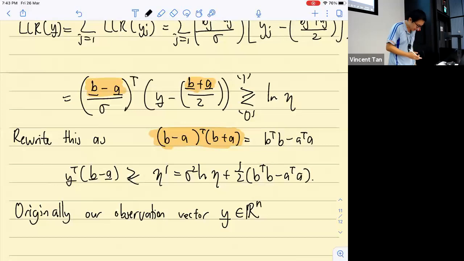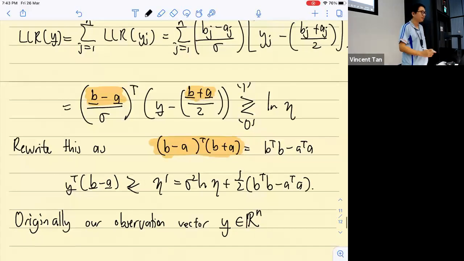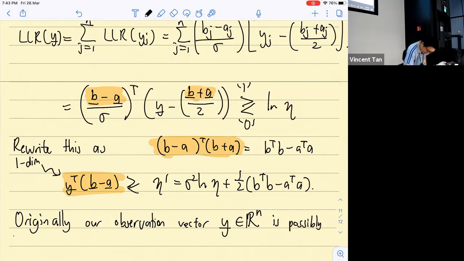But what have we done here? We have simplified the decision rule to this one-dimensional object. This is only one-dimensional. Okay? Observe that the original vector is possibly very high-dimensional, and it has dimension n.